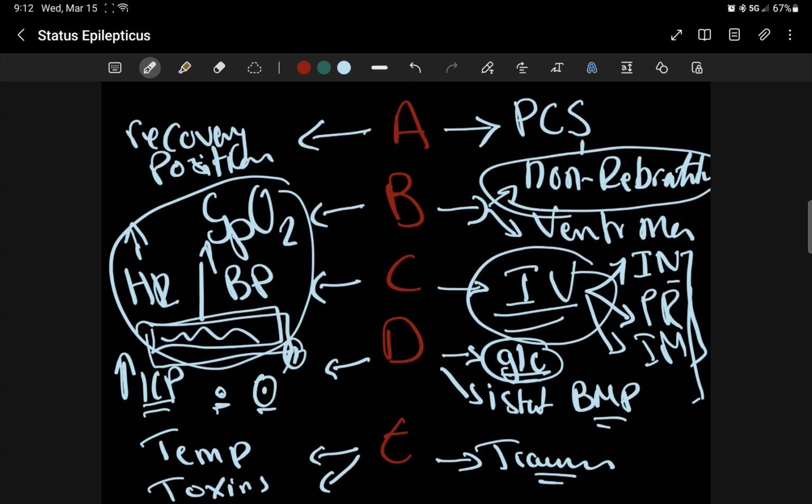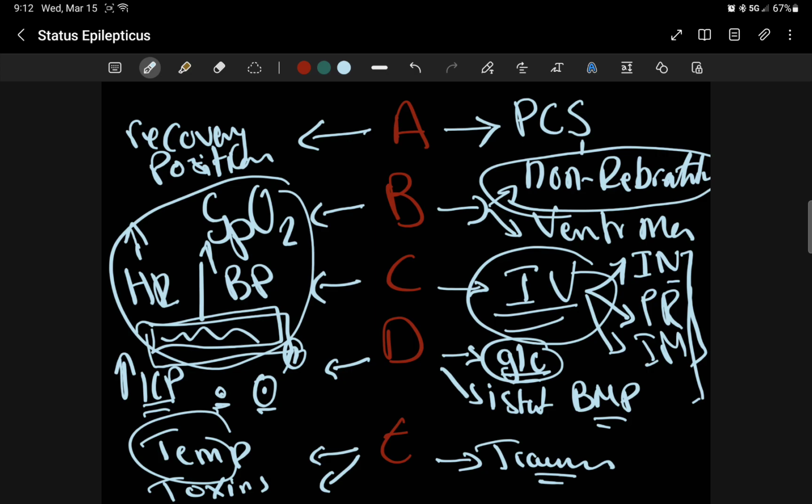But you'll see that the treatment of seizures itself, as an algorithm, goes ahead independent from the cause. So let's say this is a febrile seizure, a complex febrile seizure, and the patient continues to seize.